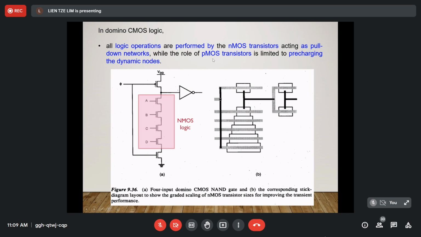The PMOS transistor is limited to pre-charging the dynamic nodes, which means that when the PMOS is turned on, it will charge up the capacitance at the output. In this circuit, even though the capacitor is not shown to you, you must assume that there is a capacitor at the output of this circuit.